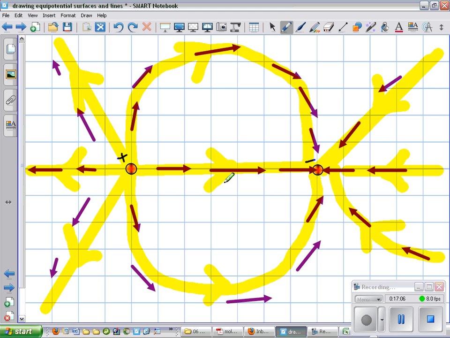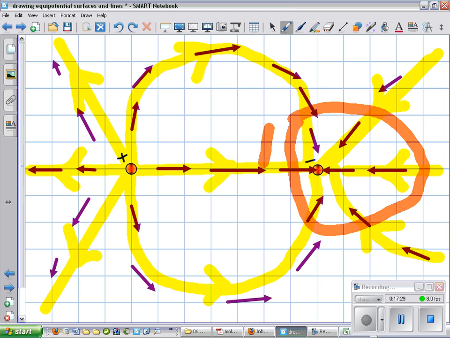Here are my signs. And then for equipotential surfaces, you would start here. And you go perpendicular to each of the field lines. That's not very neat, but going along like that.